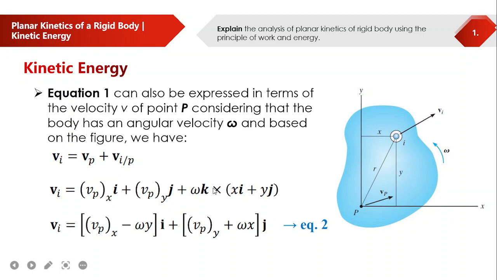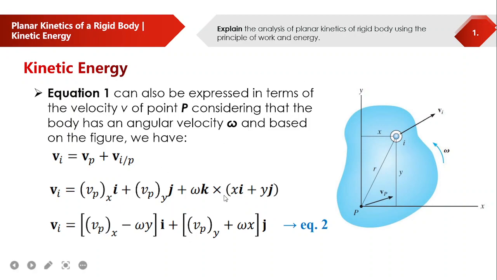Okay, next term: omega k times y j. That will be the cross product of k and j, using the right-hand rule, and that will be negative i.